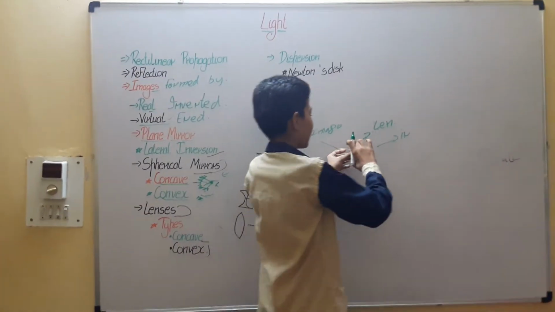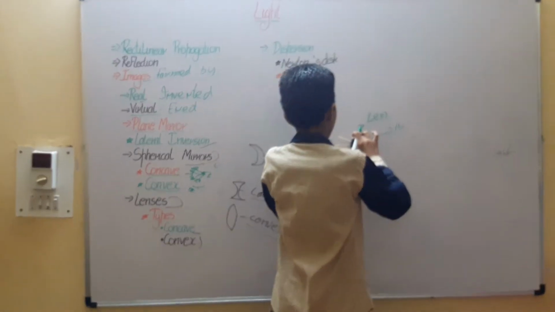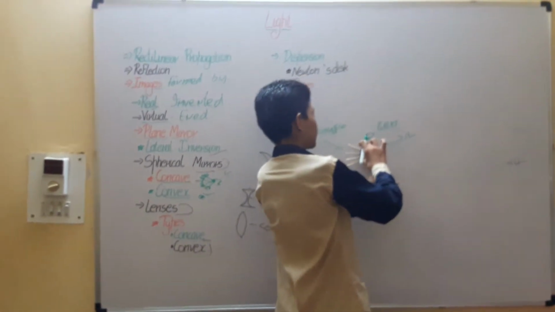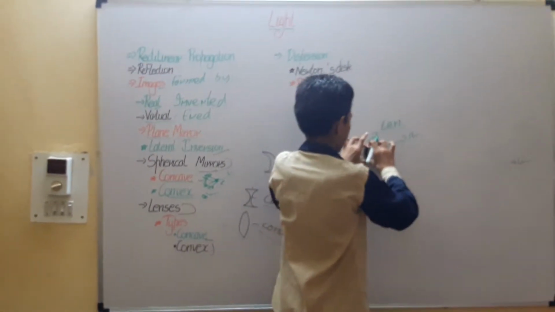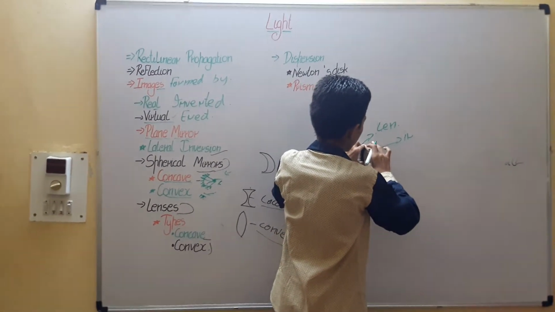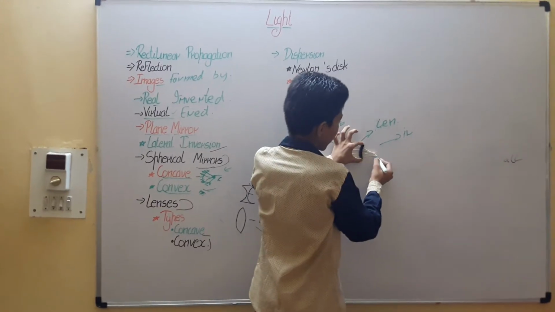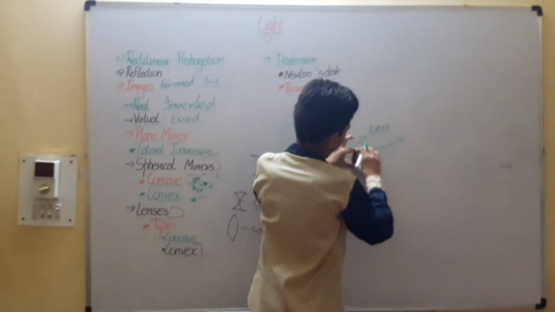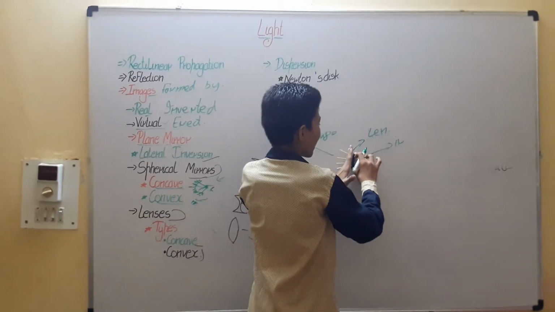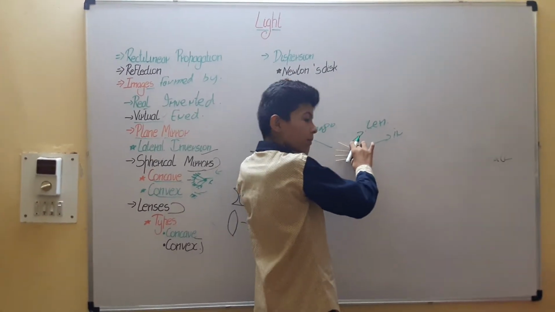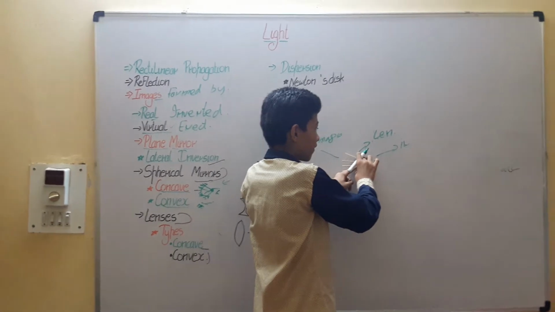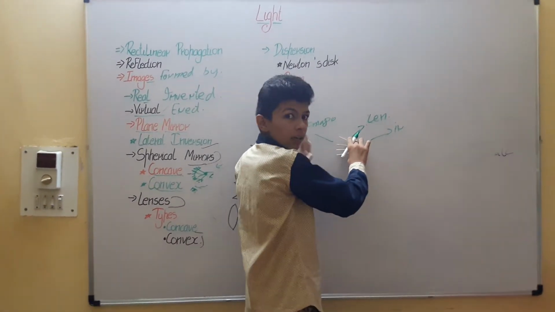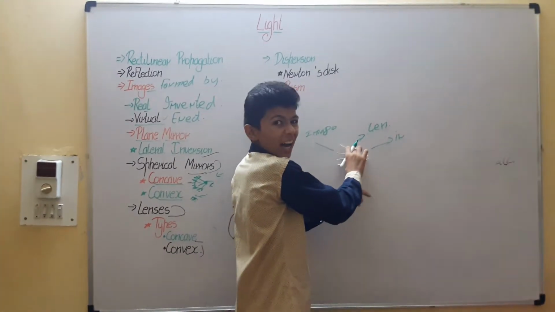So it seems that if rays are coming from a point, then they would diverge, because they are coming from a diverging source.